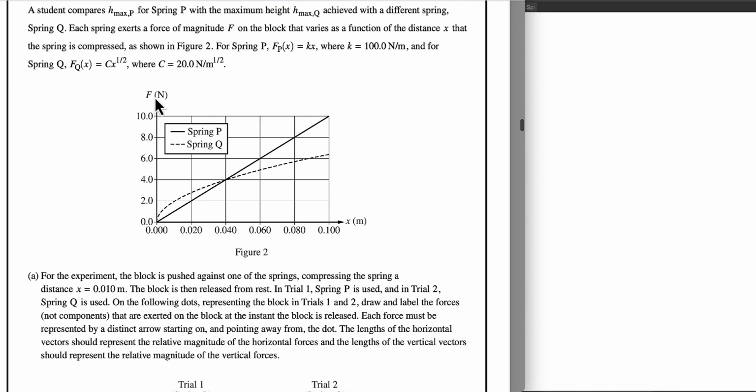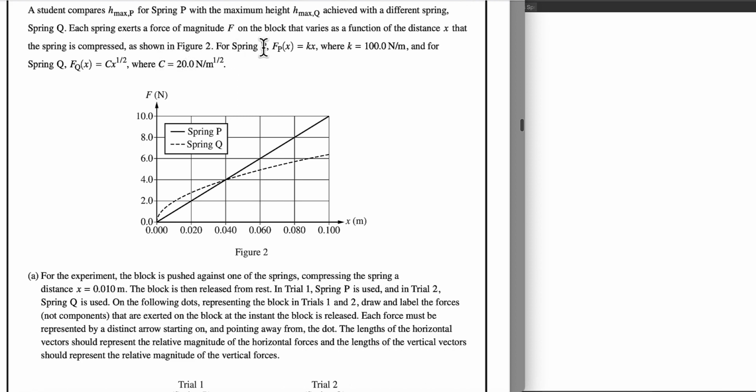We have a solid line curve for spring P, and for spring Q it is the dashed line curve. The horizontal axis is the compression x, and the vertical axis is the spring force generated by such a compression.